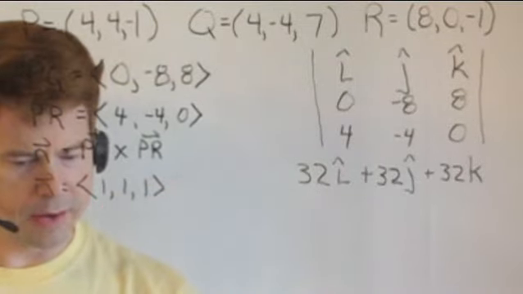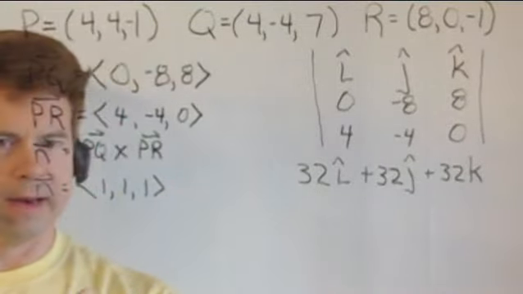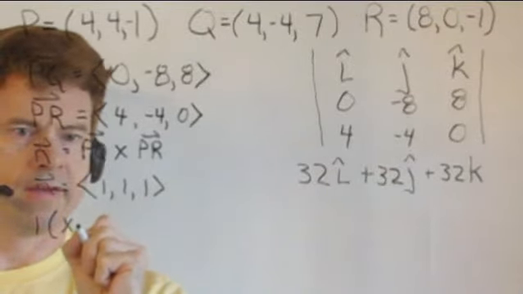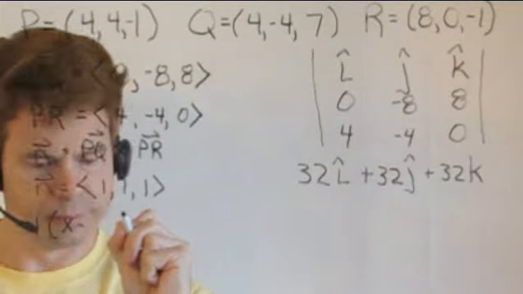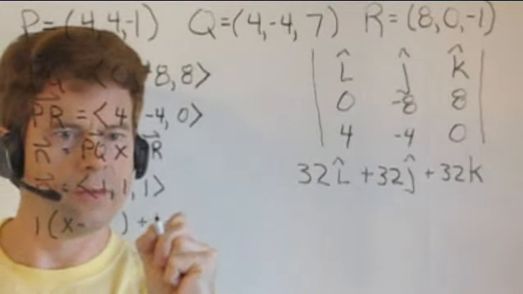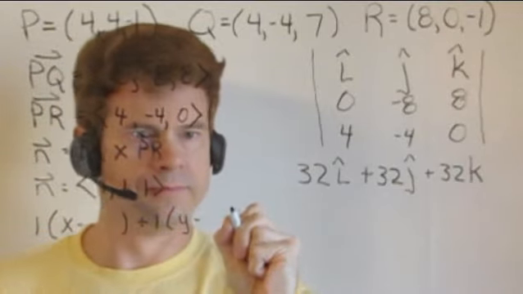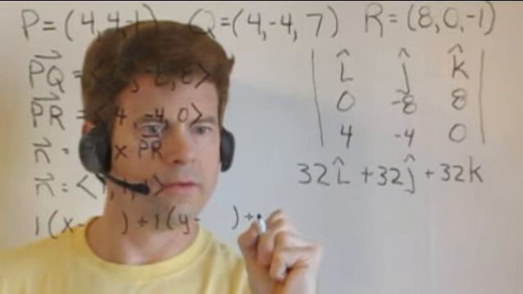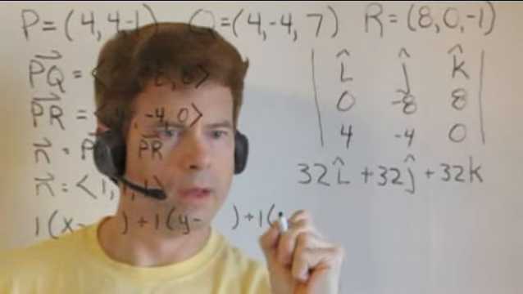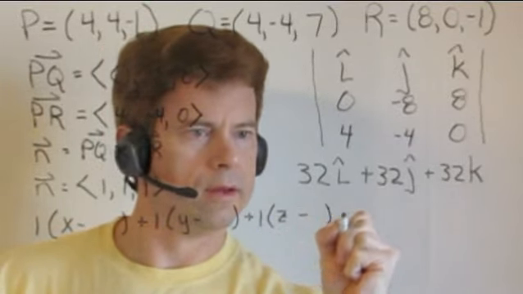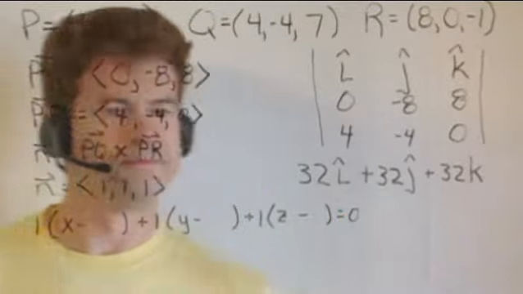So coming up with our equation for the plane, we're going to have 1 times x minus, plus 1 times y minus, plus 1 times z minus equals 0.